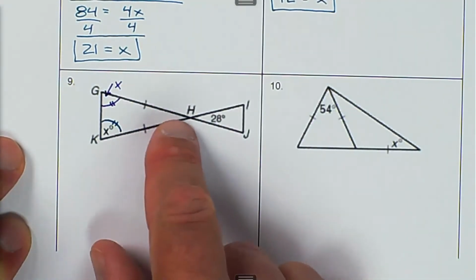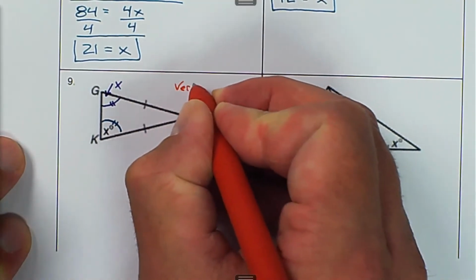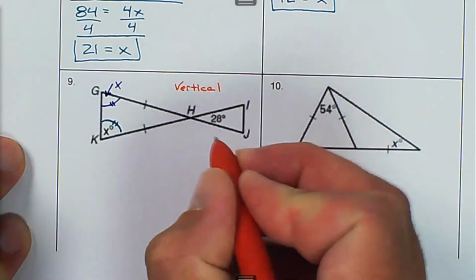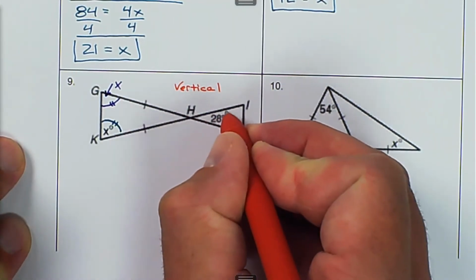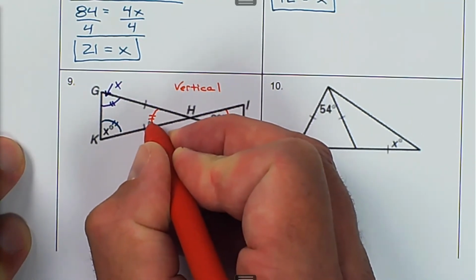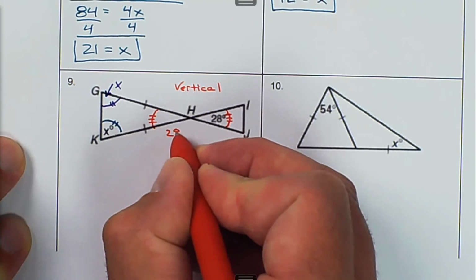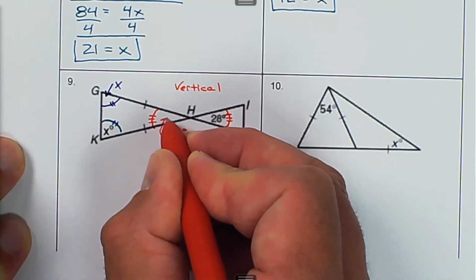And then we have to figure out what angle H is up here. And we should know that this is vertical angles. So this angle and this angle are congruent. This is equal to 28 degrees.